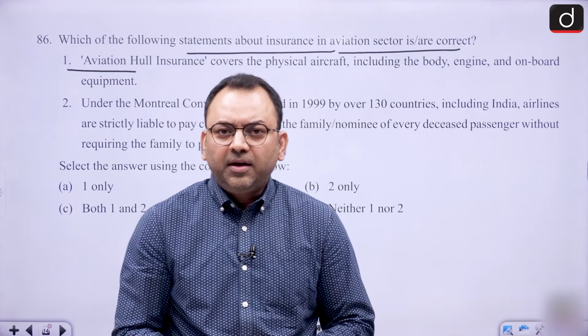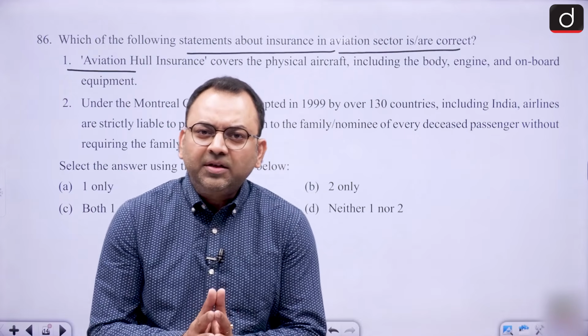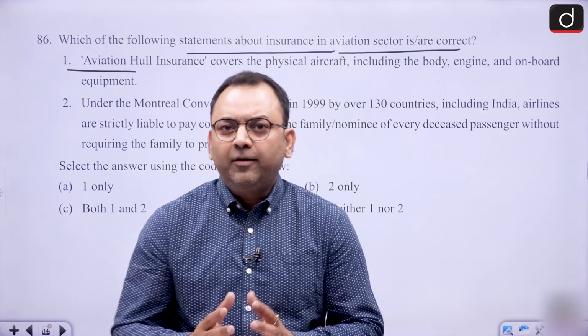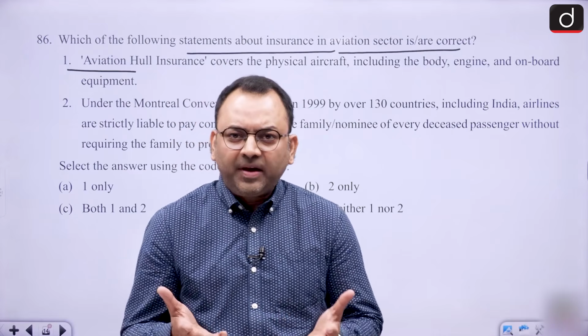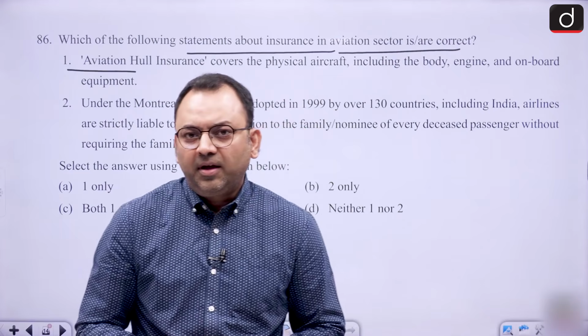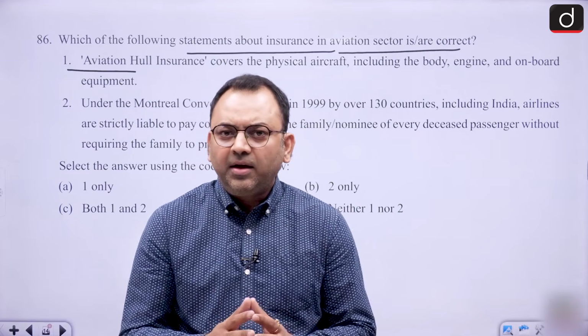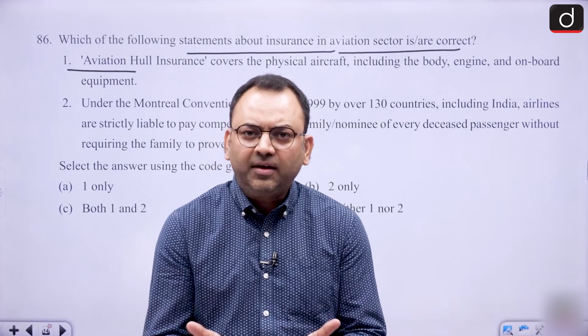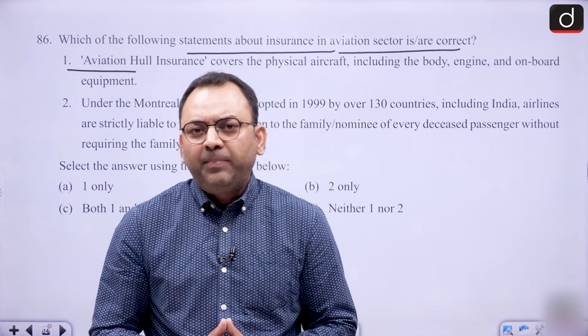The aviation hull actually means the whole structure of the aeroplane, including the base, the wings and the equipment installed within the airplane structure. So hull means almost everything that represents the plane structure.